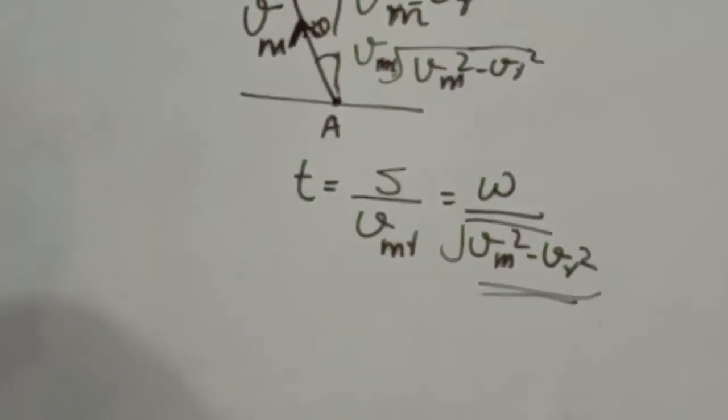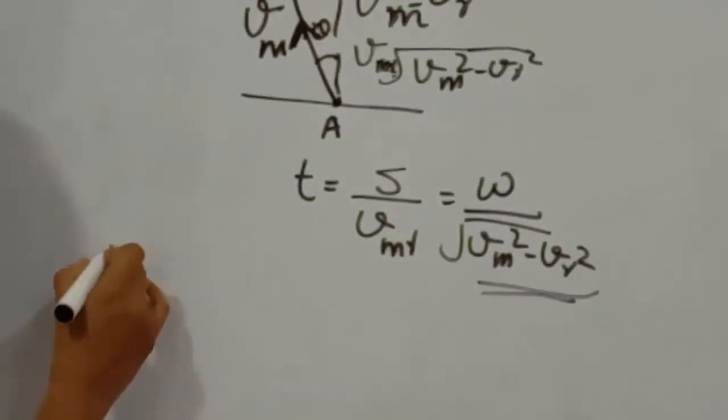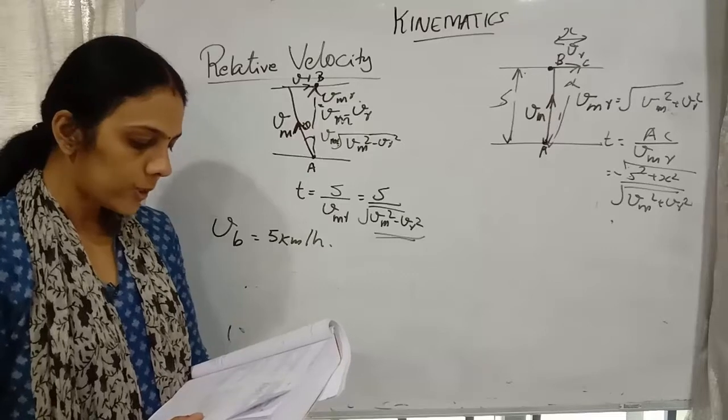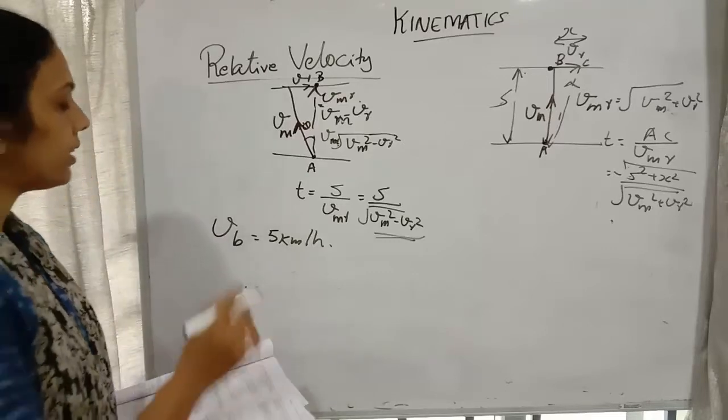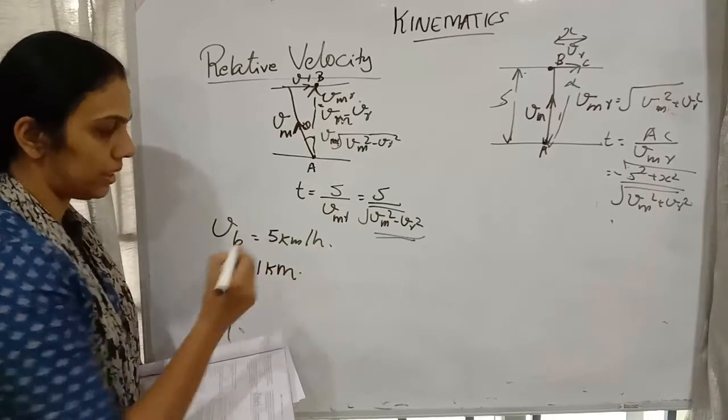The question is, the speed of a boat is 5 km per hour in still water. It crosses a river of width 1 km along the shortest possible path in 15 minutes. So the speed of the boat is given as 5 km per hour, and the width of the river is given as 1 km.